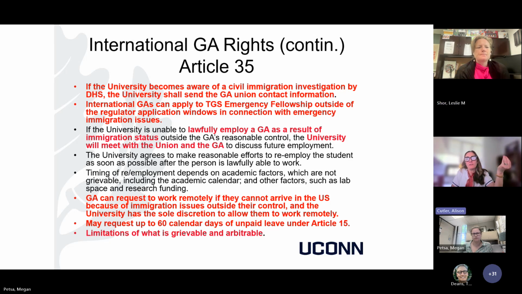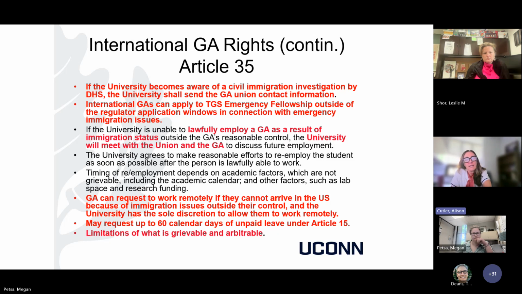If you have one of your GAs that are in a situation where they can't work, there's language in the contract now, as a reminder, that they can apply for the graduate school's emergency fellowship. So that is something that should be considered. If you have a situation where one of your GAs is in one of these situations, reach out to the graduate school and labor relations as soon as possible, because it's really us that need to engage with the union and to give this GA guidance and support.